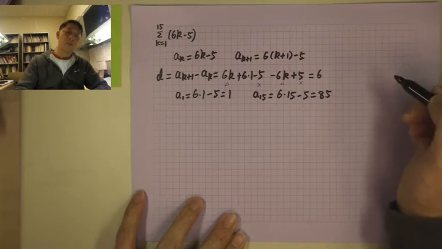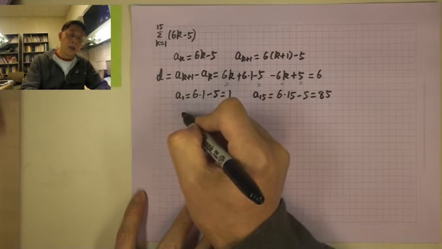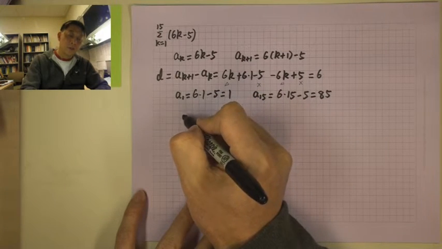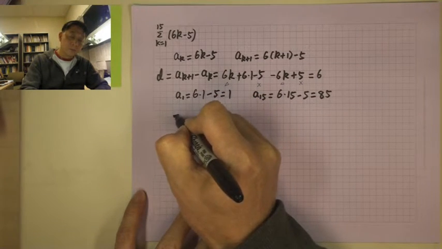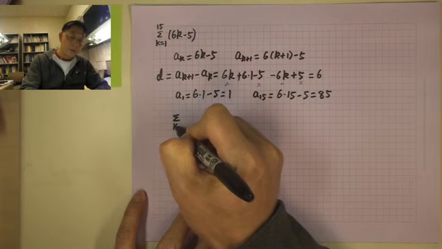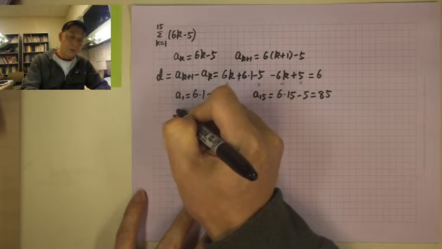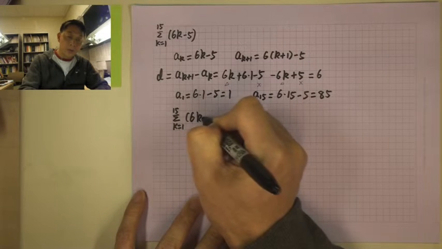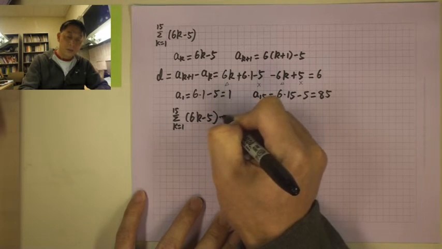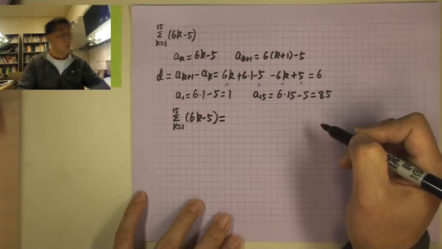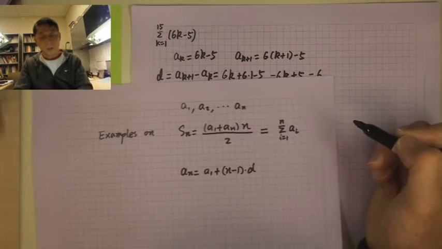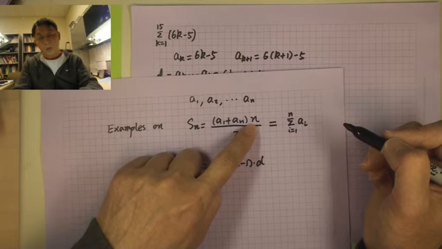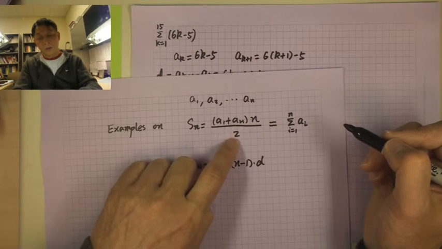Based on the formula for arithmetic sequence, you know the sum for k ranging from 1 to 15 of (6k minus 5) would be equal to, the formula is right here, the first term plus the last term times the number of terms divided by 2.